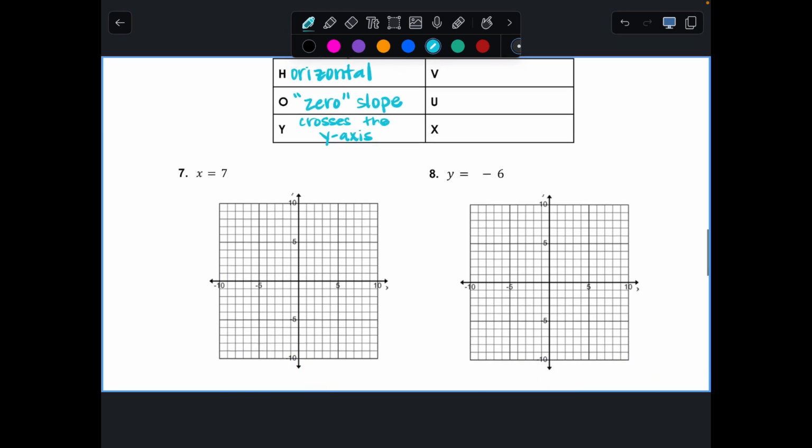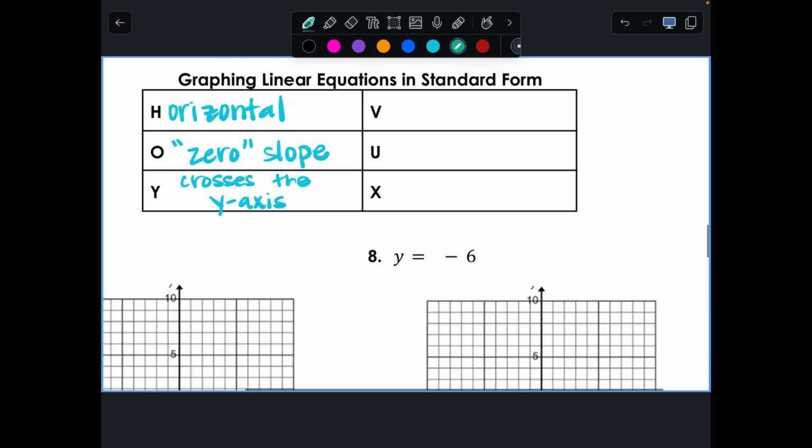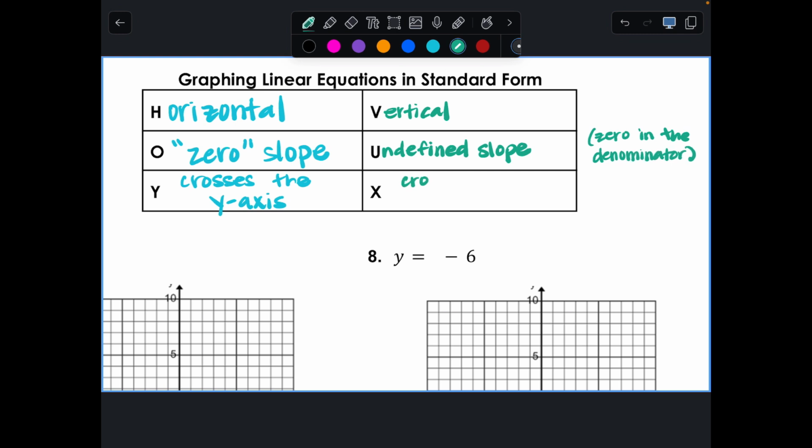So horizontal with a 0 slope that crosses the y-axis. Then we have VUX. VUX is vertical with an undefined slope. Remember, undefined is a 0 in the denominator. And this crosses the x-axis.